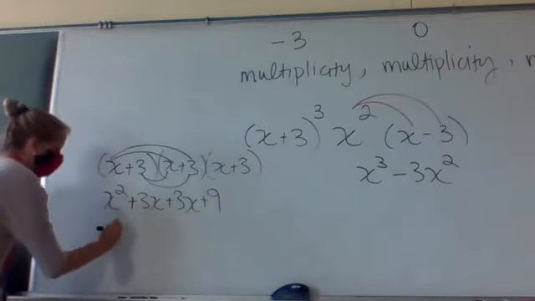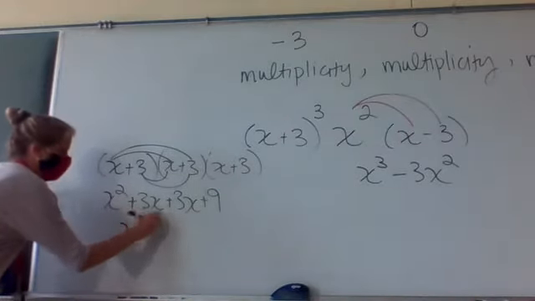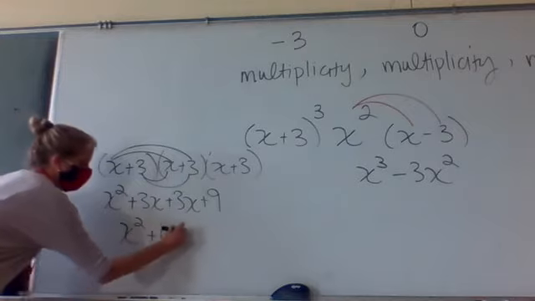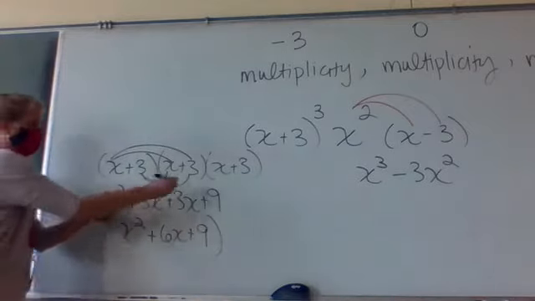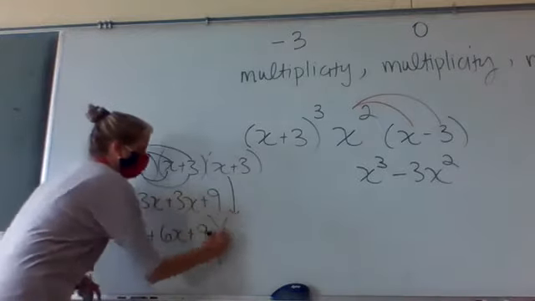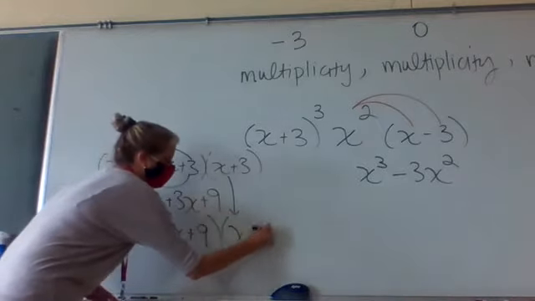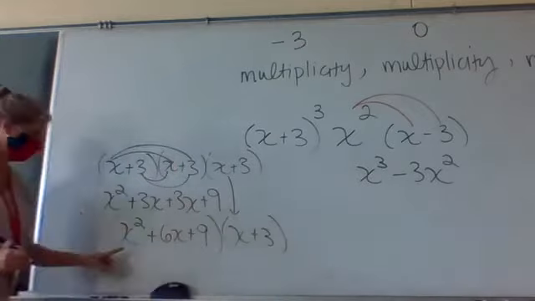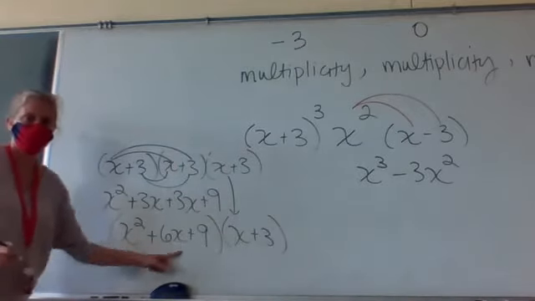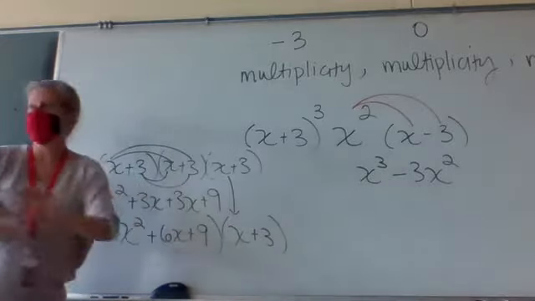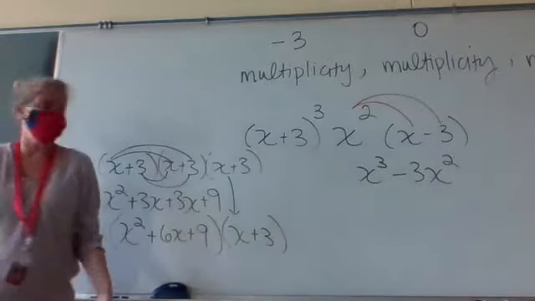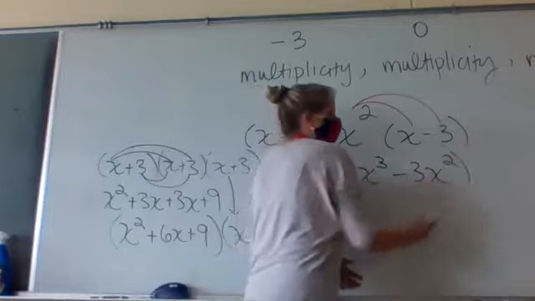Put my 3x's together, so now I have x squared plus 6x plus 9. So taking care of those, I still got to drop down this x plus 3. And after I multiply this parentheses times this parentheses, I'm going to get an answer. And then what am I going to multiply it by? That one.